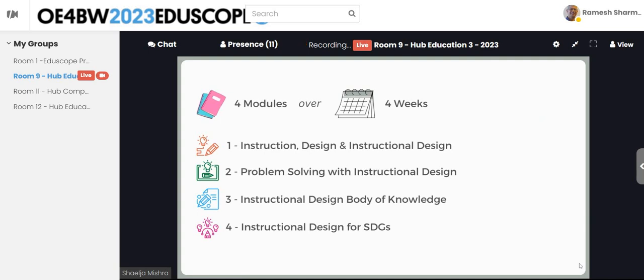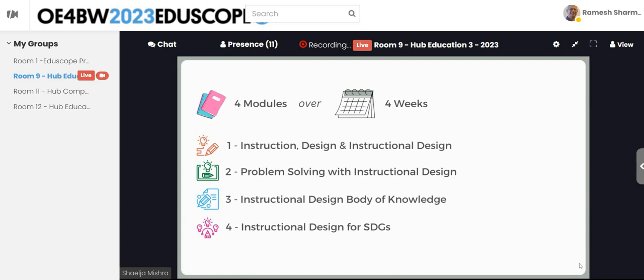The second module comes to problem solving with instructional design, that is what kinds of problems can be solved with the field, what parts of problems can be solved, and what are some innovative approaches to come up with practical solutions. Then, in the third module, we deal with the delicate balance of theory and practical experience that is involved in instructional design.